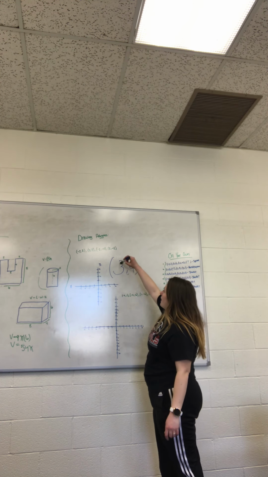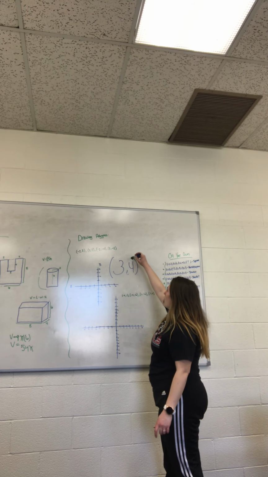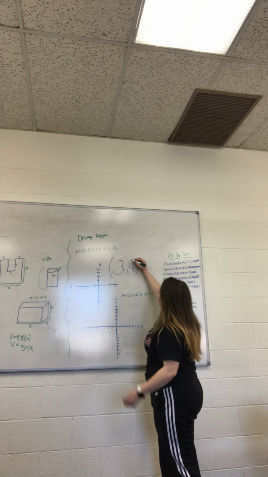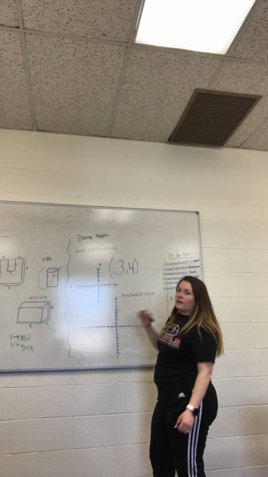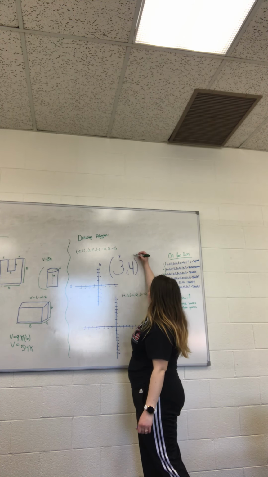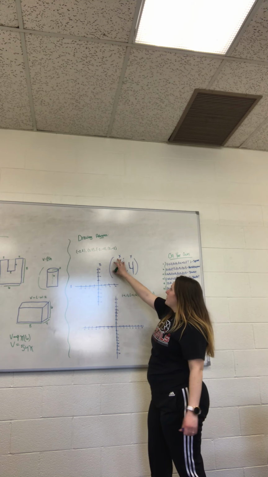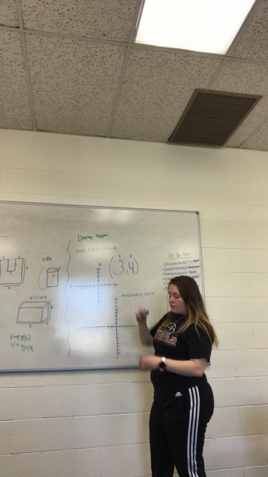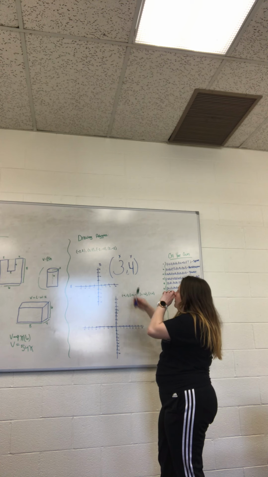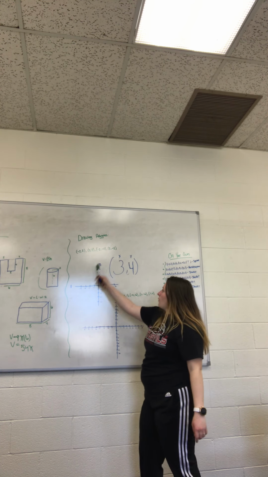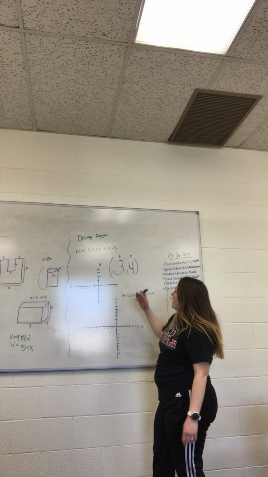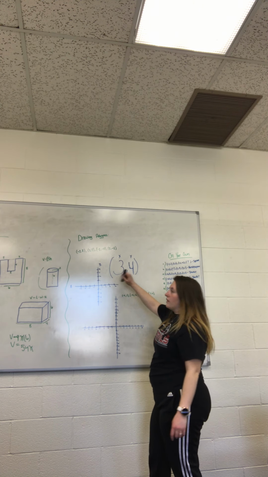What you have to remember is that our x always goes before our y. When you're given a point like this, this is our x and this is our y. You can remember this because x comes before y in the alphabet, right? So x comes before y, our x is this one, our y is up and down, and our x always goes first in the expression.